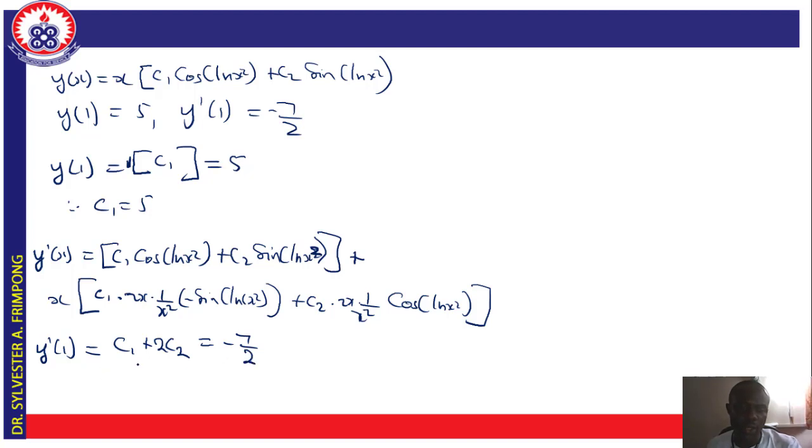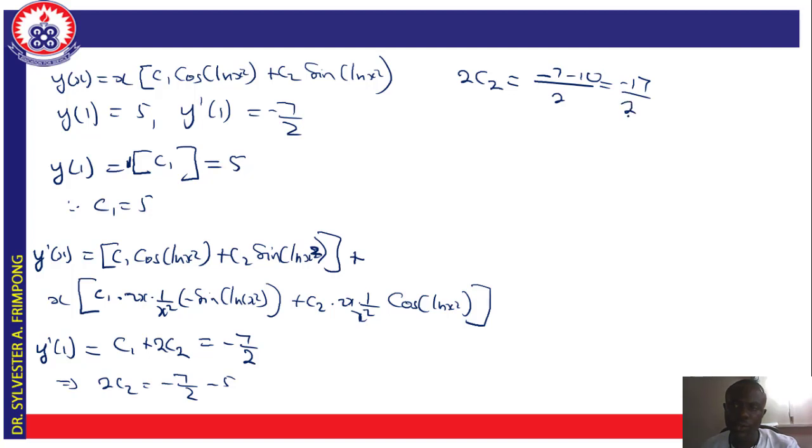And we know c1 to be 5. So this implies that 2c2 equals -7/2 minus 5. So we are going to have 2c2 equal to (-7 minus 10) over 2, which is -17/2.